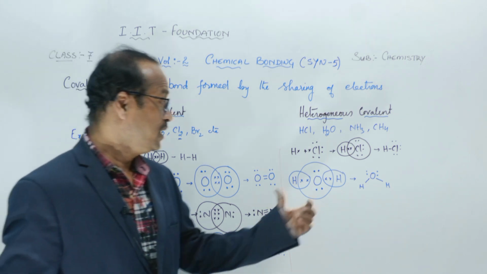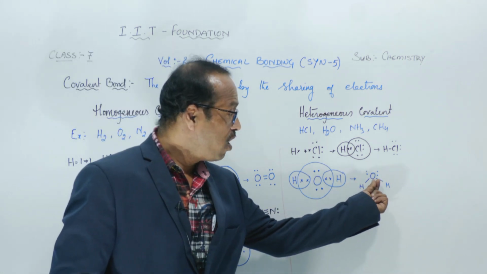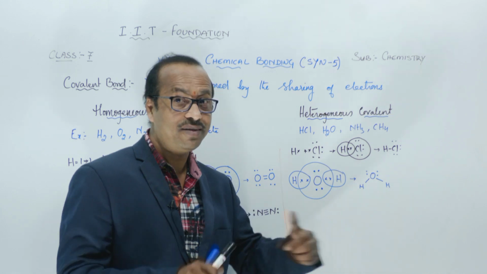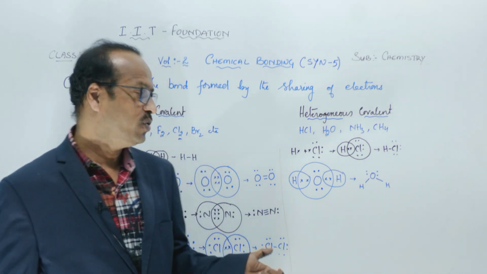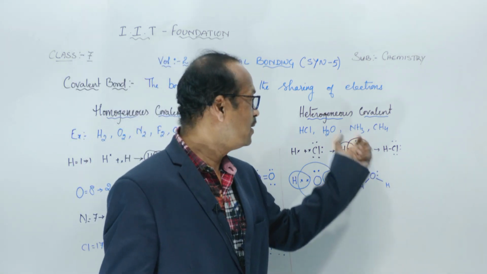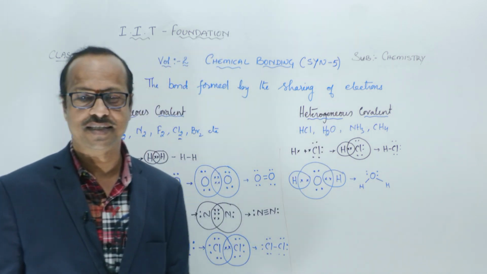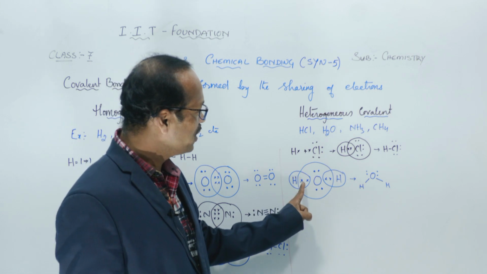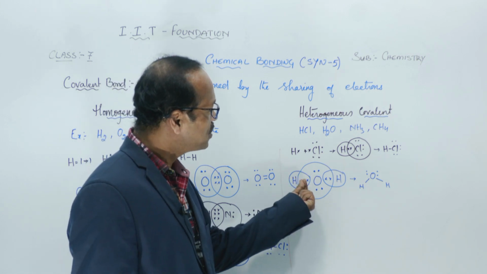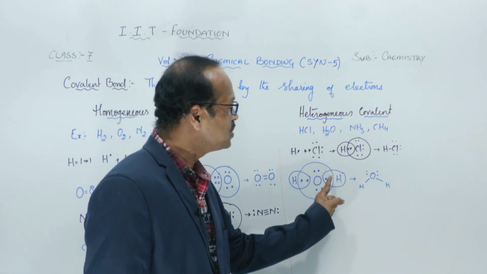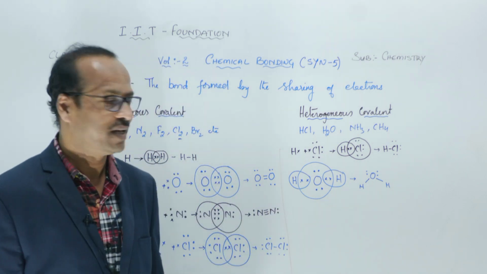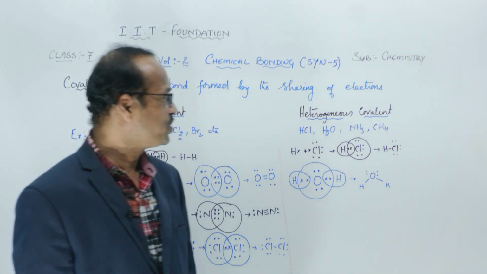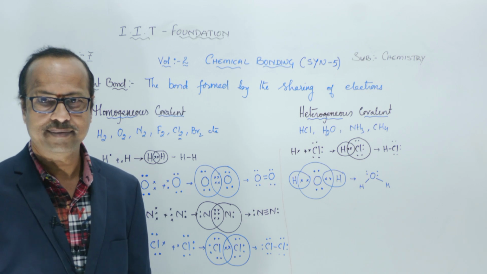The bond is forming between oxygen and 2 hydrogens, which are different, hence this is called heterogeneous. Understood? Here also the bond is formed by the sharing of electrons. The hydrogen is providing 1, oxygen is providing 1, so these 2 electrons are shared. This is the formation of the water molecule.